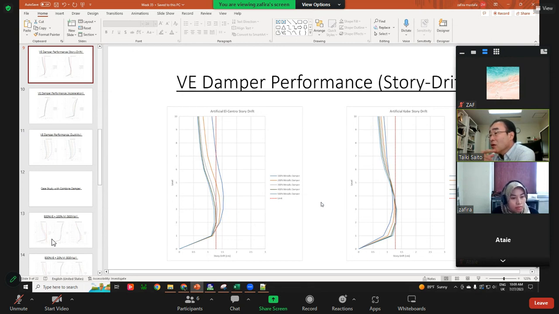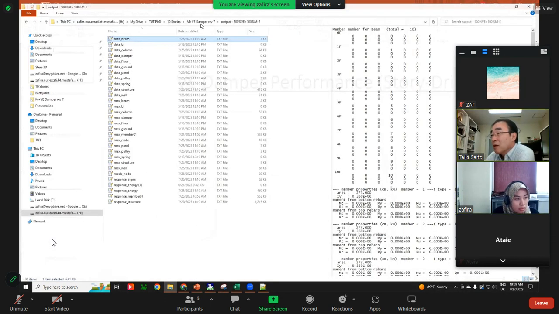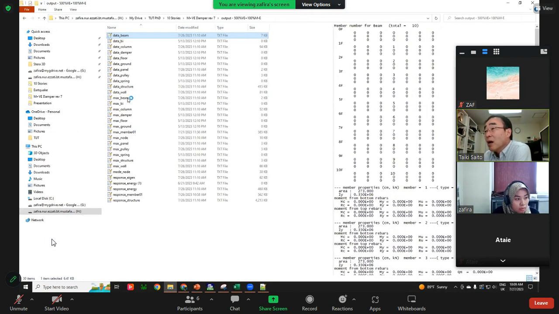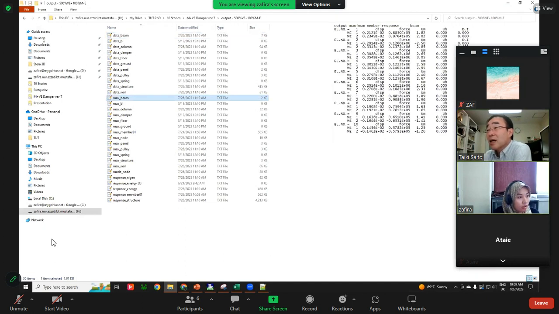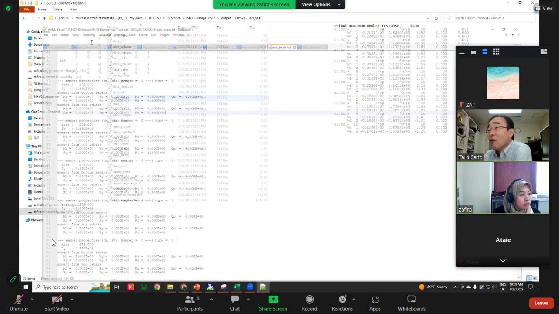Do you know how much the member coupling beam, the steel beam, carries in this case, viscoelastic damper? For example, if you click max beam, is there shear force? No shear force, it's only moment.